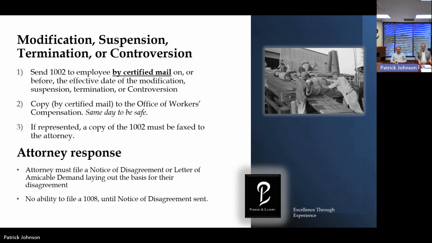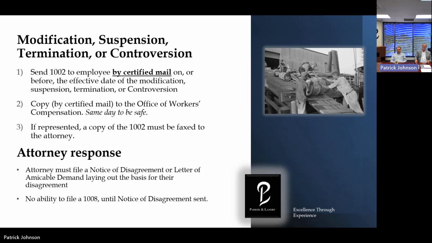And so let's say that you've been paying the maximum comp rate. One of the things that Patrick preaches, which is such good advice, is if you're not sure as to what the average weekly wage is from the employer, pay the maximum, because you're never committed to that for the entire claim.